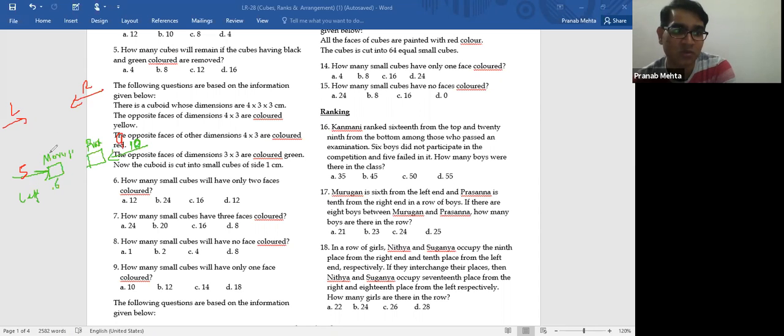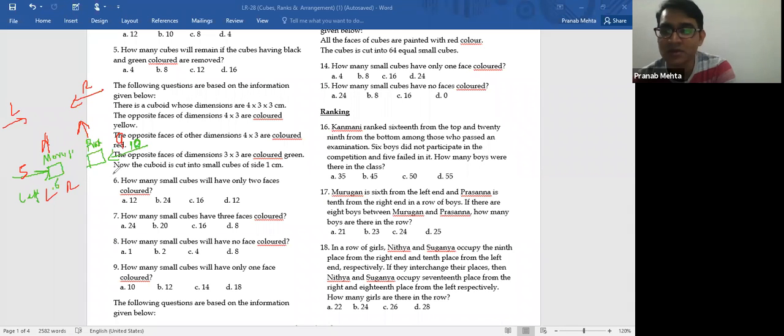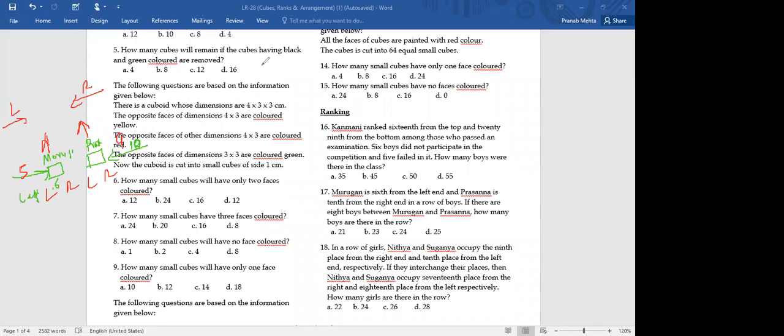If both of them are facing like this, this is left and this is right. Prasanna's position is 10th from the right, so obviously 9 people are here. This is very important. If you don't understand, you won't be able to solve ranking questions. Similarly, Murugan's position from the left hand side is 6, which means another 5 people are here. Is this part clear now? Yes, sir, I got it.